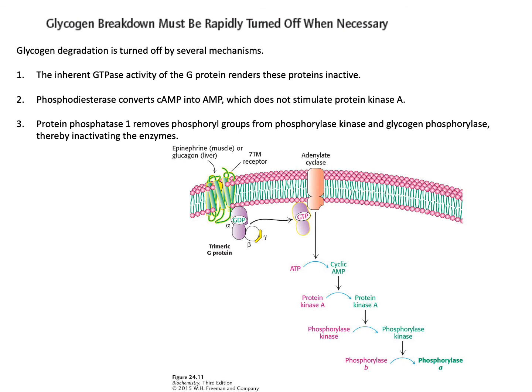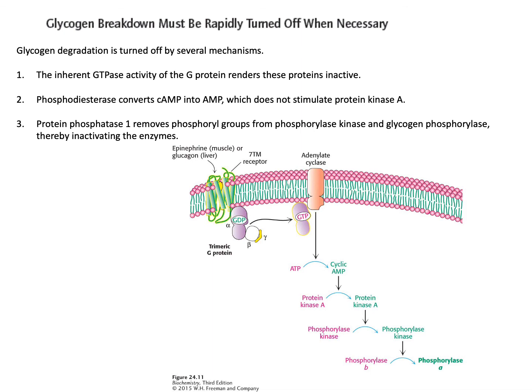Glycogen breakdown must be rapidly turned off when necessary. This is easy to understand. When the body doesn't need extra glucose, it should not keep breaking down glycogen. It should keep the reserve. Glycogen degradation is turned off by several mechanisms.